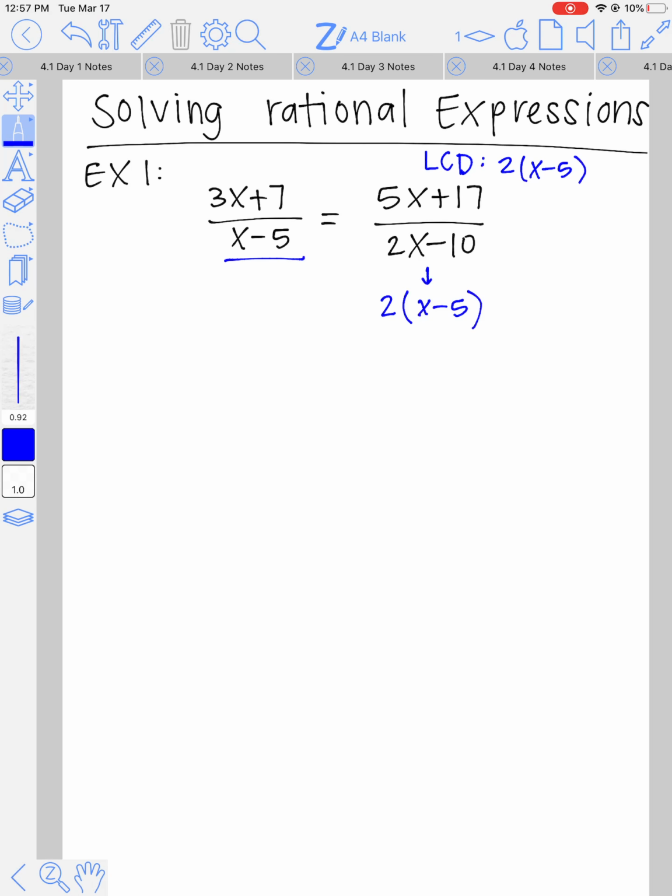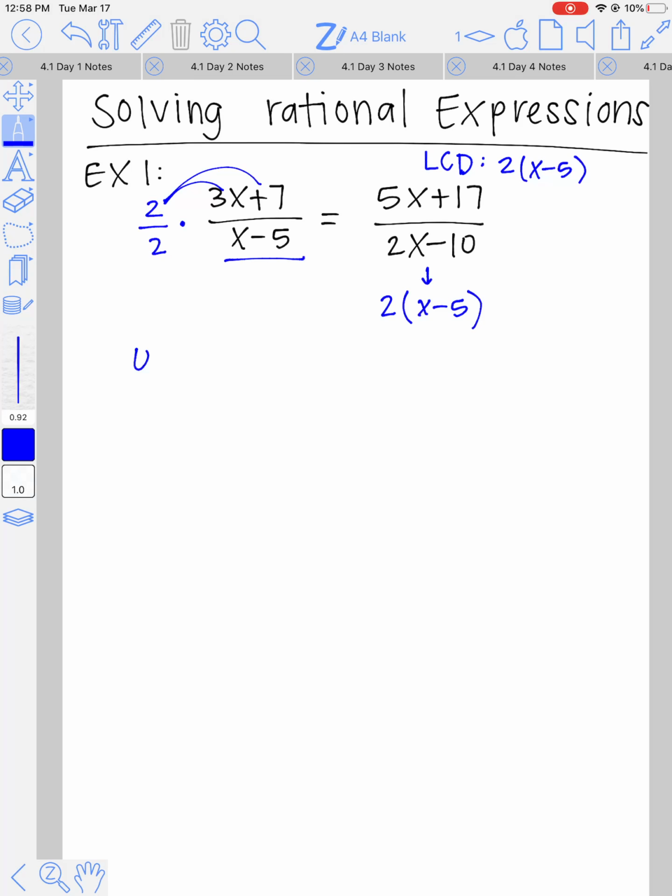To get the denominator on the left side as 2 times x minus 5, we need to multiply this whole thing by 2 over 2. Okay, I'm going to distribute this 2 to both of those, to 3x and 7.